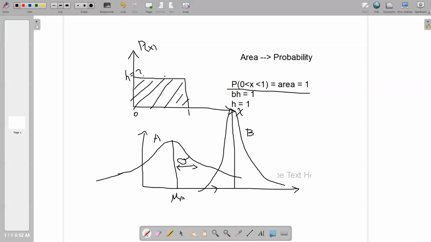This point is mu of A, this point is mu of B. And this is sigma of A, and this is sigma of B. So it's clear B has a larger mean because its center is positioned to the right. B has a smaller standard deviation because it's less spread, right?